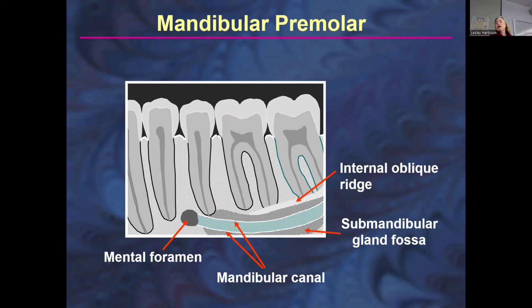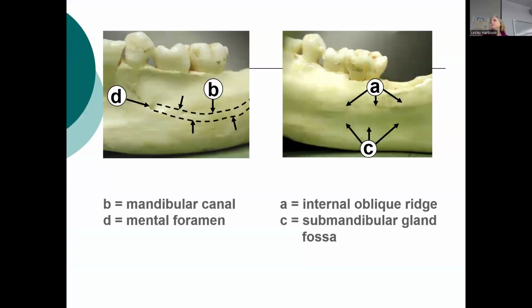And then potentially you might see the inferior border of the mandible. If you stack it like that in your mind, that can help you differentiate what you're looking at, especially when the canal and the internal oblique ridge are being pointed out, because people get those two confused. And I'll show you a few ways to differentiate.